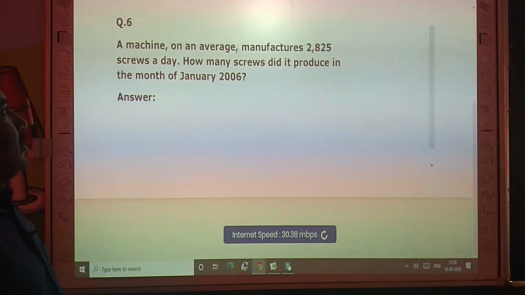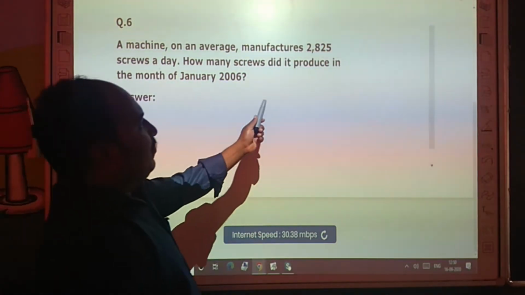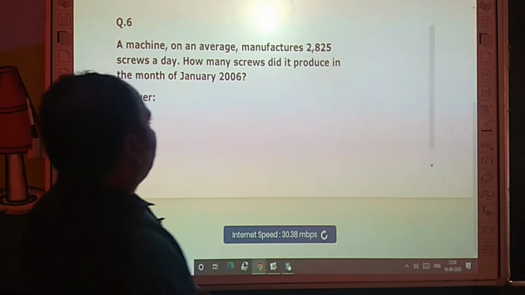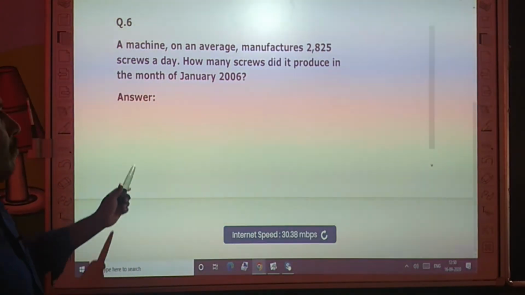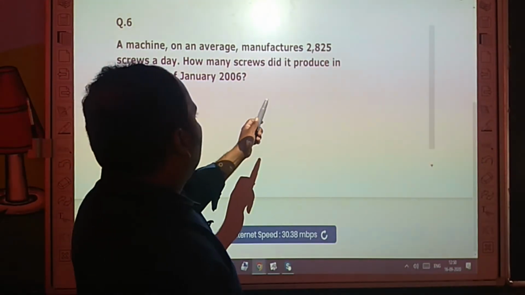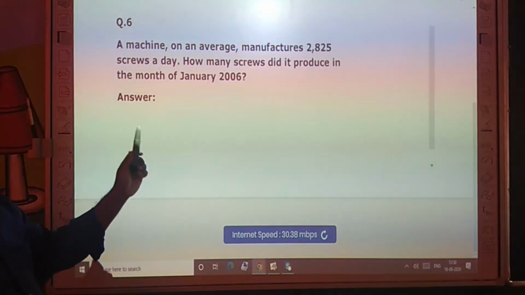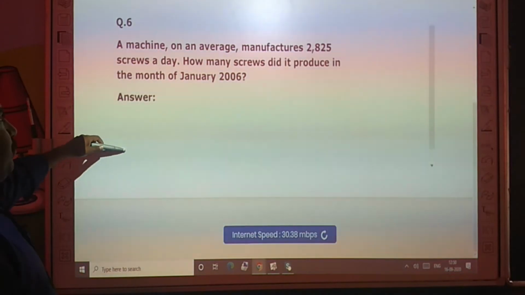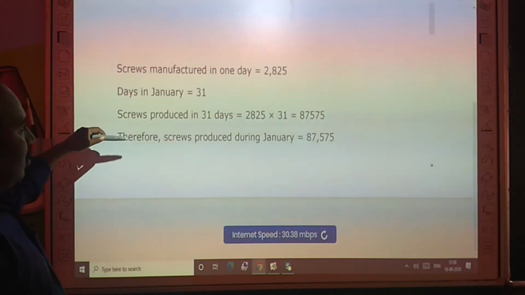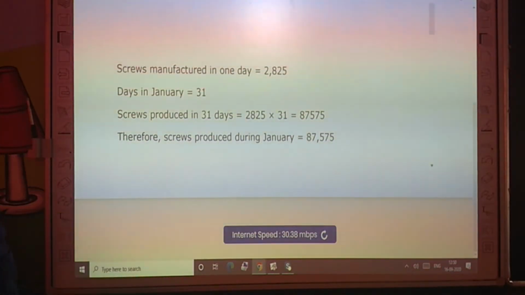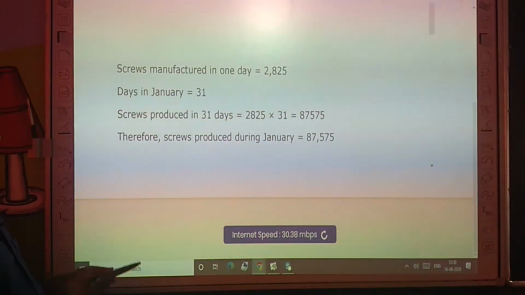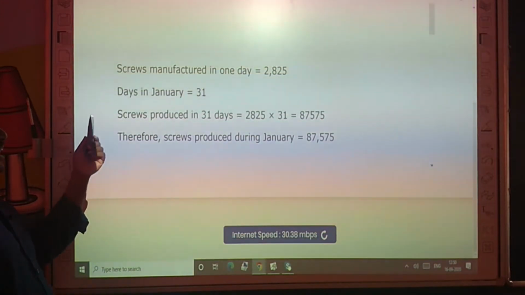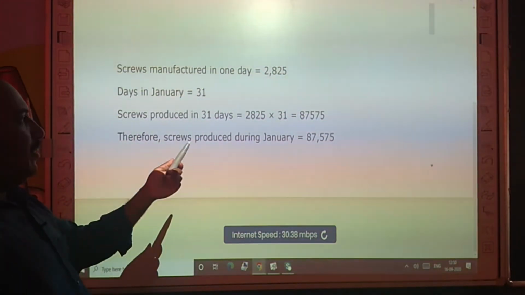Question number 6. A machine on average manufactures 2,825 screws a day. How many screws were produced in the month of January 2006? Screws manufactured in one day is 2,825, but days in January is 31.